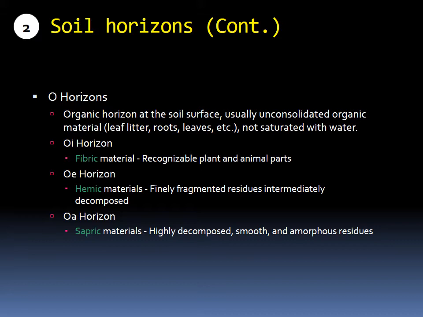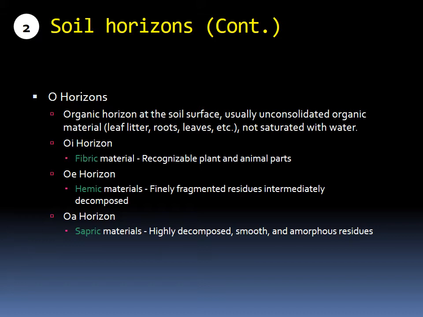Basically from plants, leaves, roots, or dead animals, and all of these things. And basically they are not saturated with water. Sometimes you can see the plant material in it. You can distinguish them. You can see that, oh, this is organic litter, but I can see, for example, here's a stem, here's a root, oh, this is like a bone of this animal, and so on.